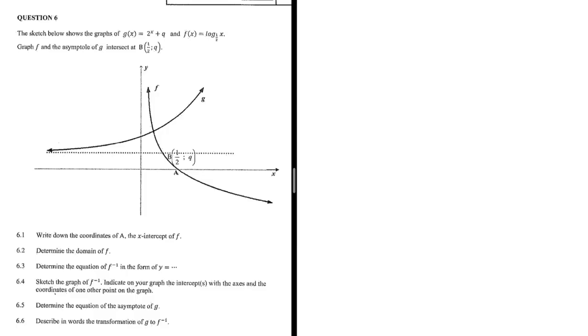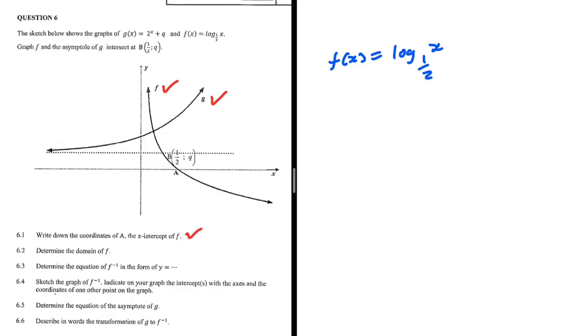Write down the coordinates of A, the x-intercept of f. So we have two functions, f of x and g of x. Well, f of x is equal to log of x, and the base is a half. And we are looking for A, the x-intercept of f.